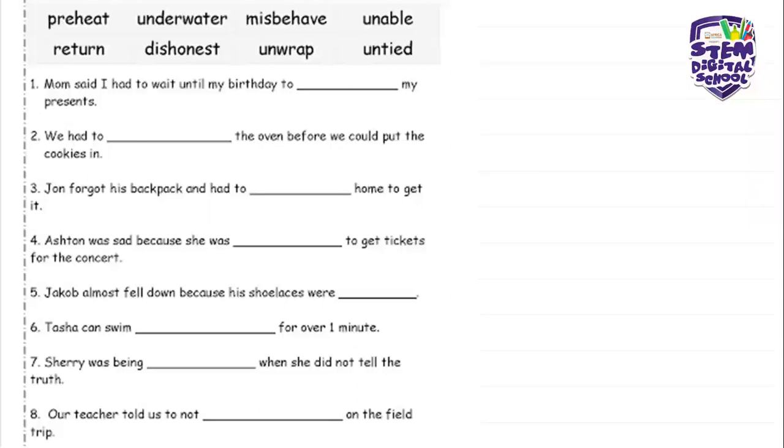Ashton was sad because she was what to get tickets for the concert. Unable to get tickets for the concert. Yes. Jacob almost fell down because his shoelaces were untied. Yes.